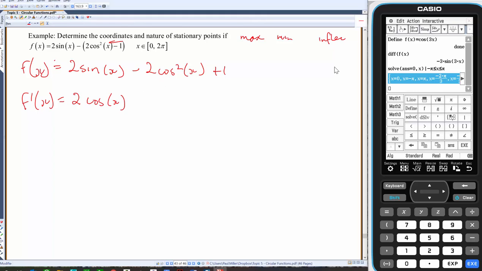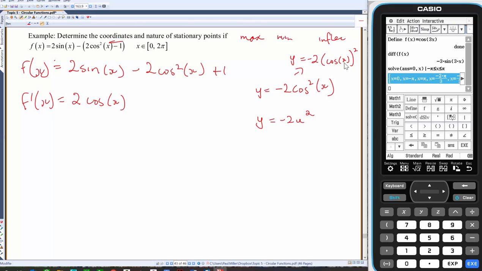This one here is going to be negative 2 cosine squared x. I'm going to yank this out and use the chain rule because I'm not feeling really confident with this one. So I've got y equals negative 2u squared. Note that that can be written as y equals negative 2 cosine of x all squared.